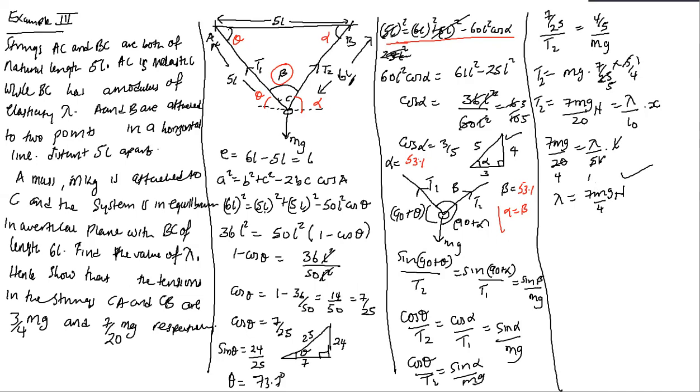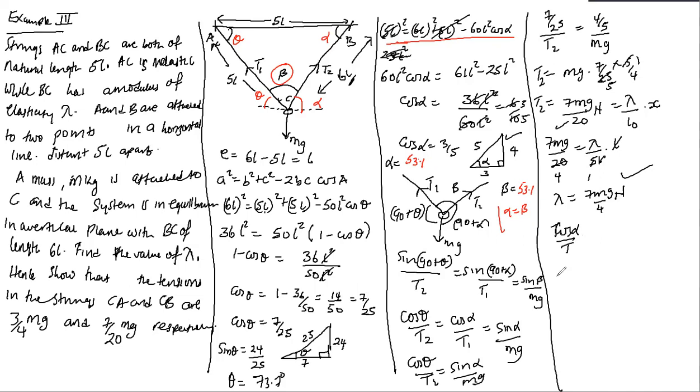So having gotten lambda, they said, show that the tensions in the strings, actually we have already got the tension T2. We are left with only tension T1. So T1, use this one, cos alpha over T1 is equal to sine alpha over mg.